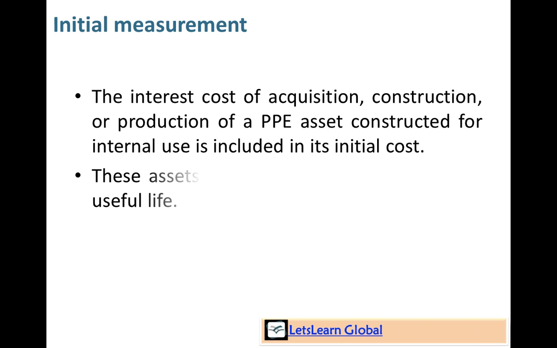So this is an important point you can always remember to answer certain MCQs. The interest cost of acquisition, construction, or production of any kind of other asset internally can be included in the initial cost, so that will also become the depreciable base.